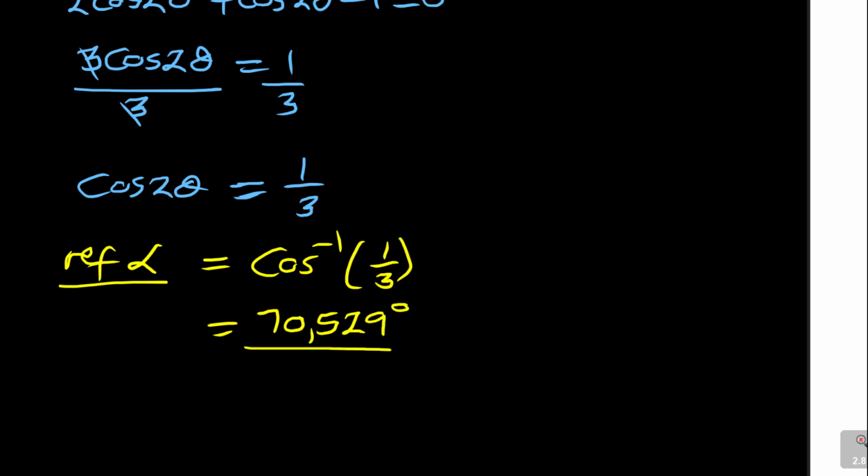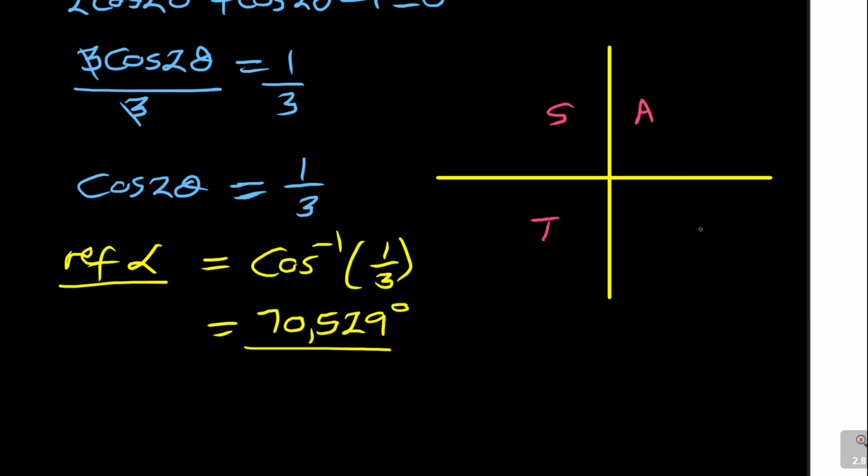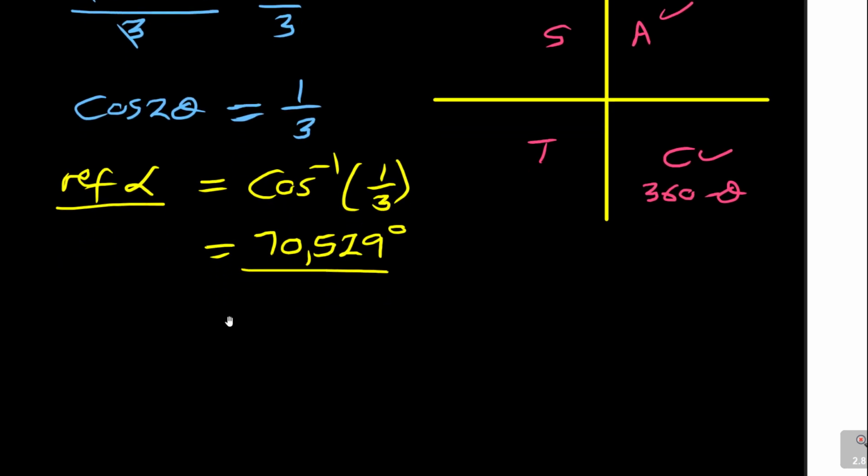Now I'm reminding you of the CAST diagram, and I'm focusing only on cos. Remember, on the CAST diagram it says: All Students Take Chemistry. I'm focusing on cos. Cos is positive in the first quadrant and in the other quadrant. What is the other quadrant? Here it's 360 minus theta, remember. So how do you write the general formula?